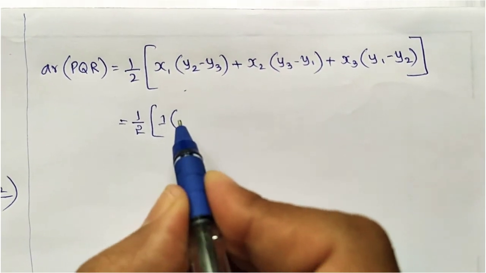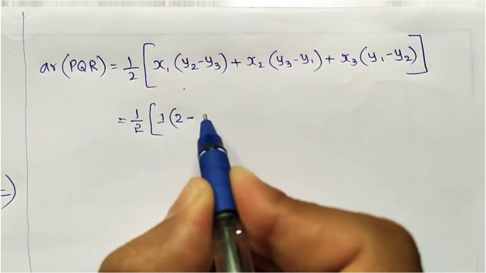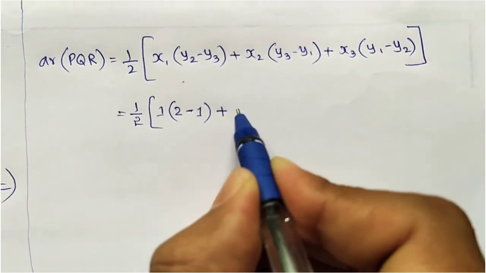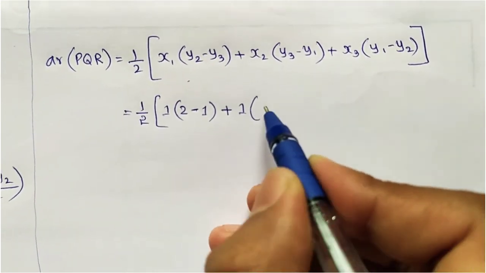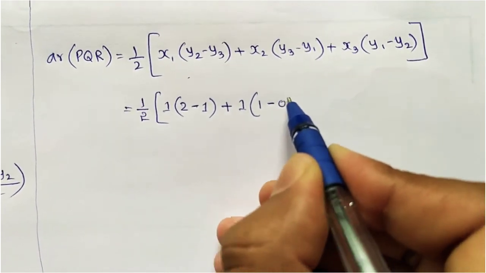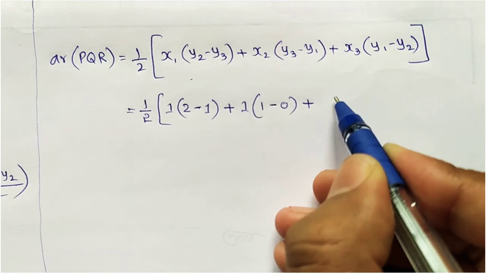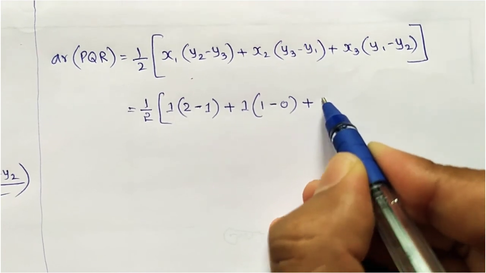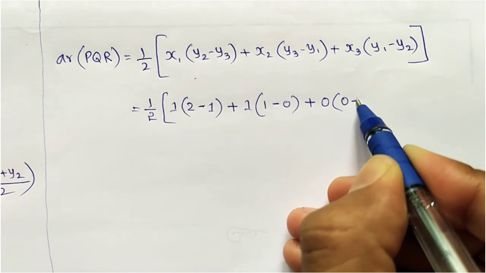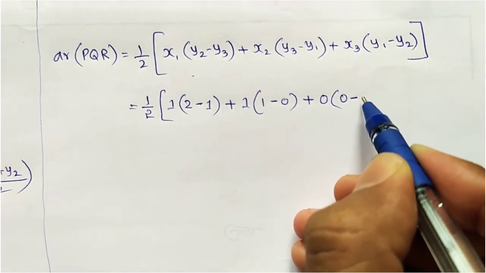So y2 will be 2 minus 1, plus x2 will be again 1, y3 will be 1 minus 0, plus x3 will be 0, y1 is 0 minus y2 is 2.